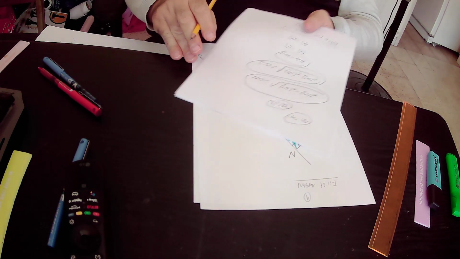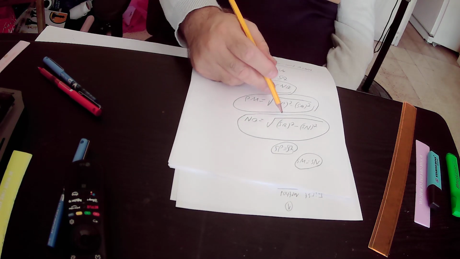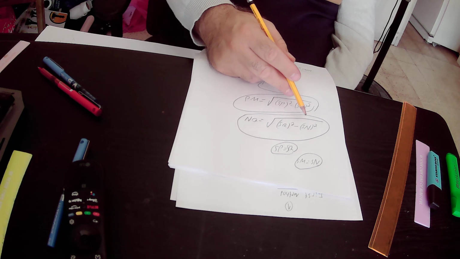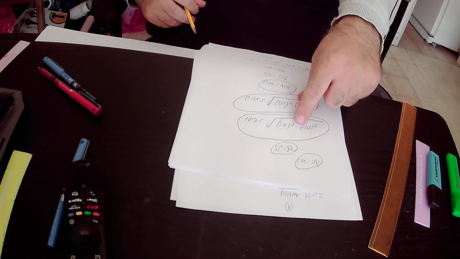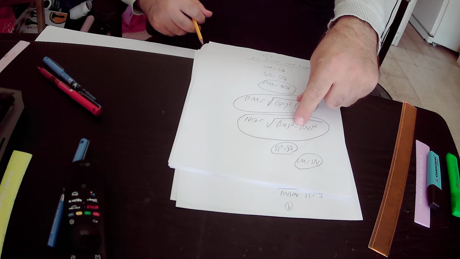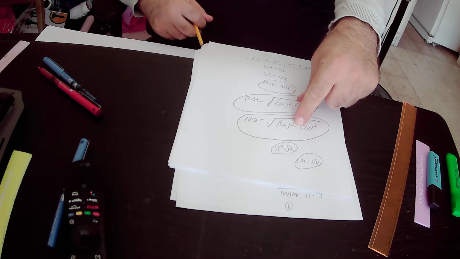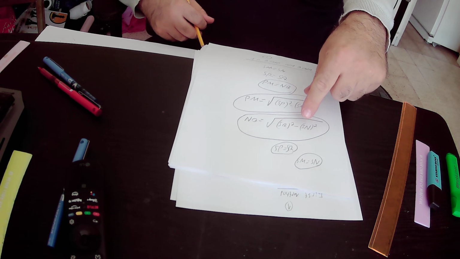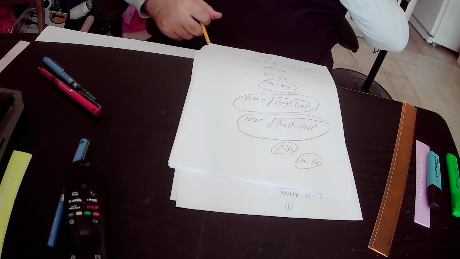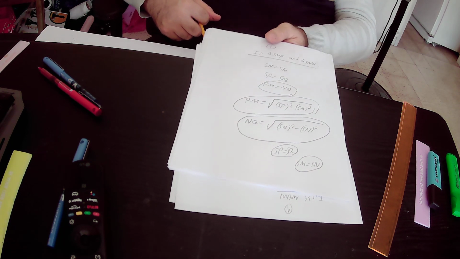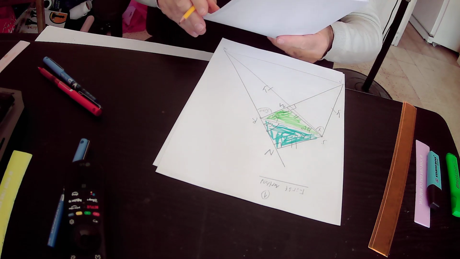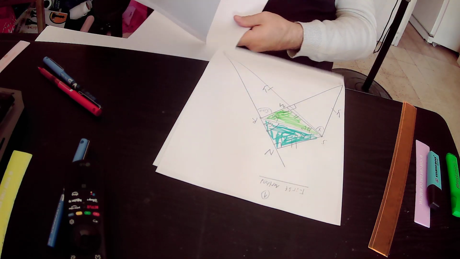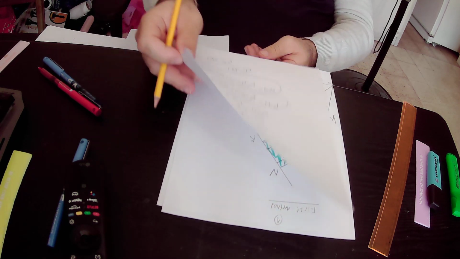So we found out that SP equals SQ and SM equals SN. Therefore, those two expressions are equal to each other. Therefore, PM equals QN, or PM equals NQ.